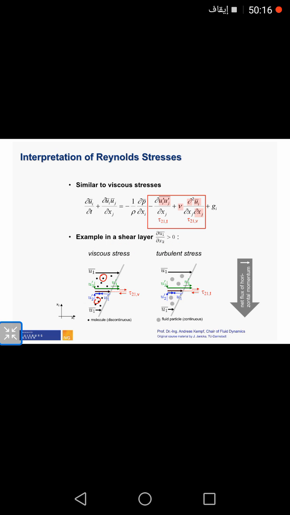The molecules here, the molecular motion, they satisfy the continuity equation by statistics. If you look at individual molecules, you don't have to bother much about statistics. In the turbulent case, we end up with very large and very few blobs compared to the molecules. And they also have to satisfy continuity.